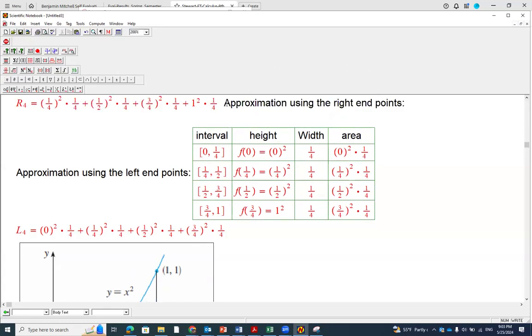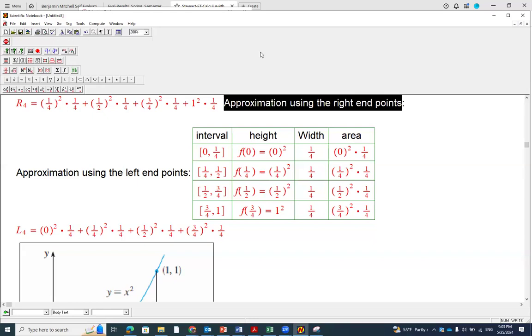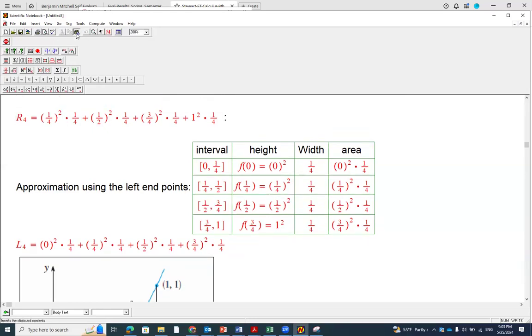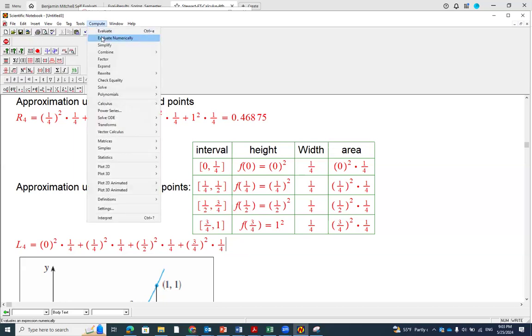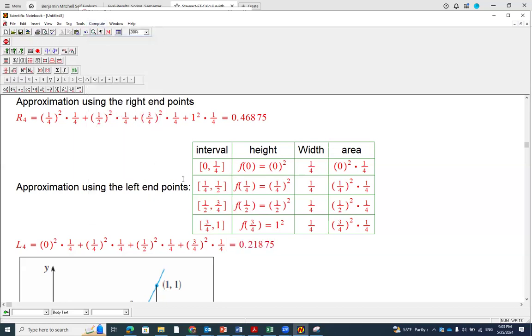This number we can calculate, and that's approximately that much, and this one is going to be that much. They're very different as approximations.